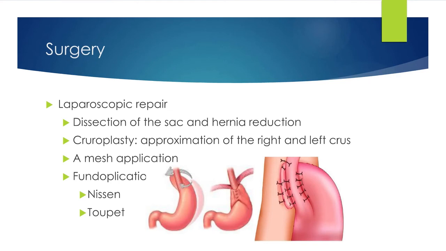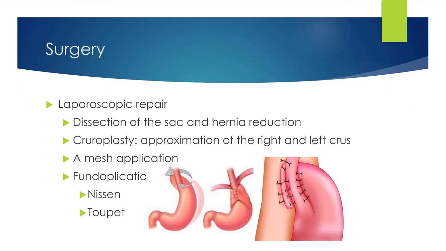What does that involve? When the esophagus is fully dissected off the crura, we'll be able to pass the grasper behind the esophagus. We grasp the fundus of the stomach, pass the grasper behind the esophagus, grasp the stomach fundus, and pull it to the right side of the patient.